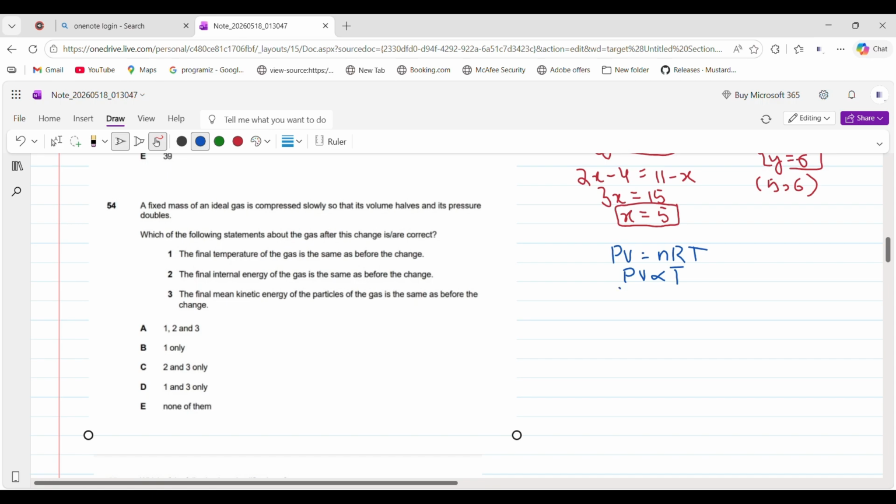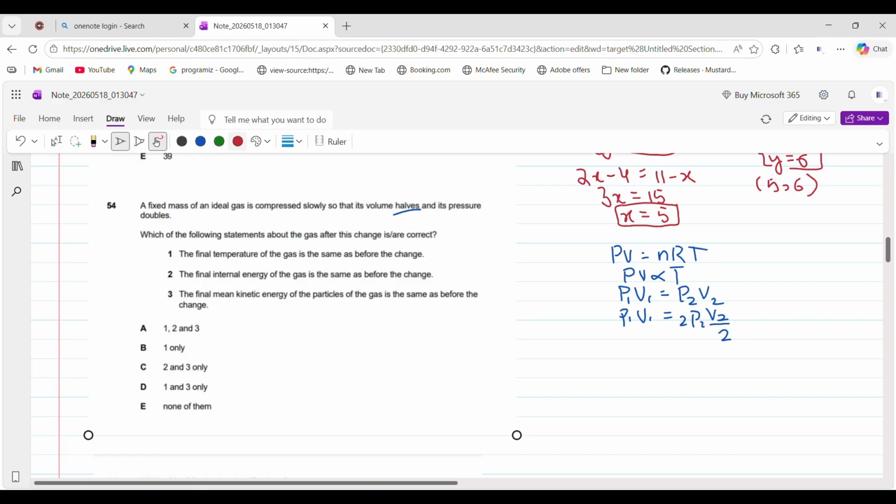Now see, I know P1 V1 equals P2 V2, right? They say that the volume is halved, which means V2 by 2, and pressure doubles, so 2P2.